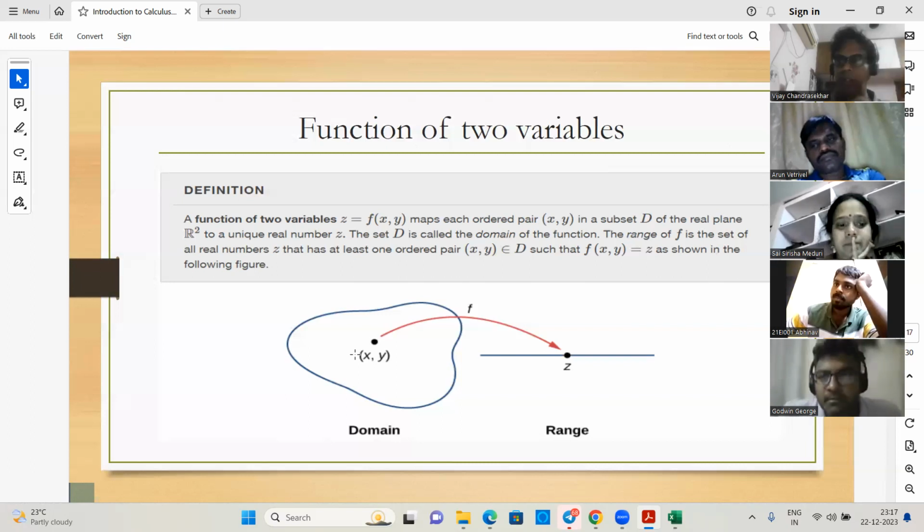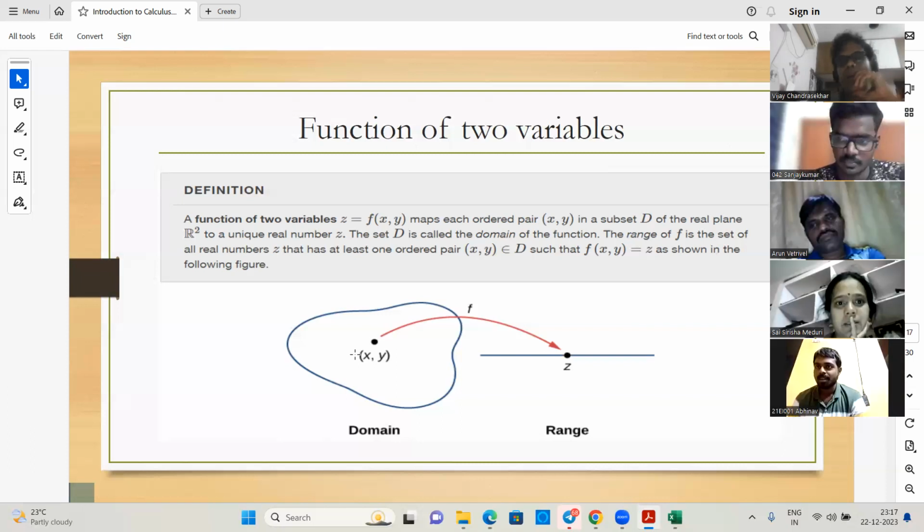What's a real number? Abhinav, I don't want you to answer, someone else. What's a real number? Square root of 3, is that a real number? Yes. Okay. 2 times i, is that a real number? That is an imaginary number.